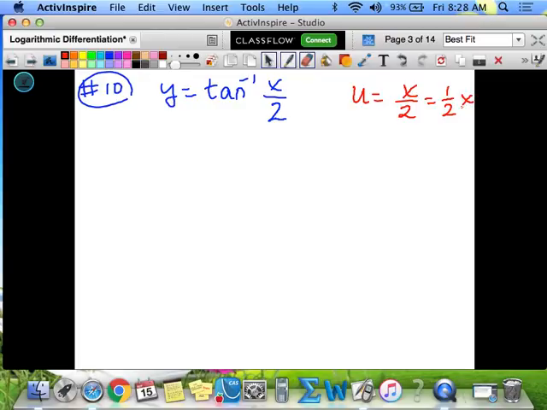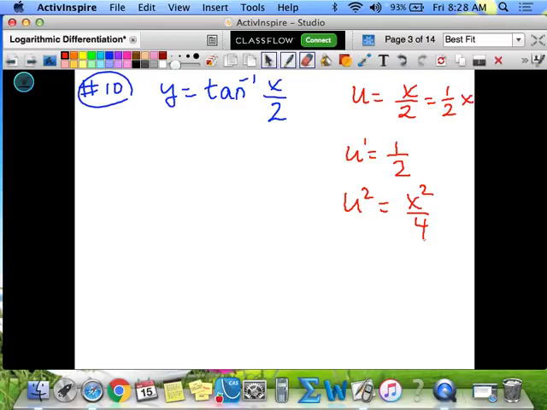So get used to thinking those two are the same thing. We need to take the derivative of that. So u prime, I'm going to look at it like that, because that's an easy derivative. What's the derivative of 1/2 x? 1/2. U squared, I'm probably going to look at it right here and square each piece.